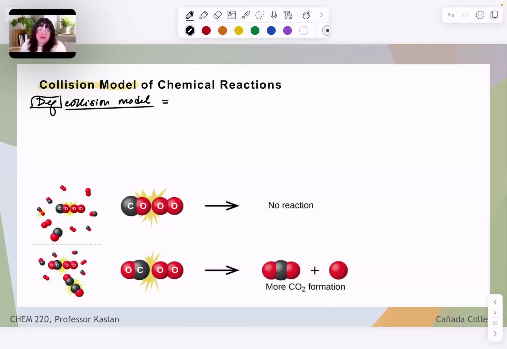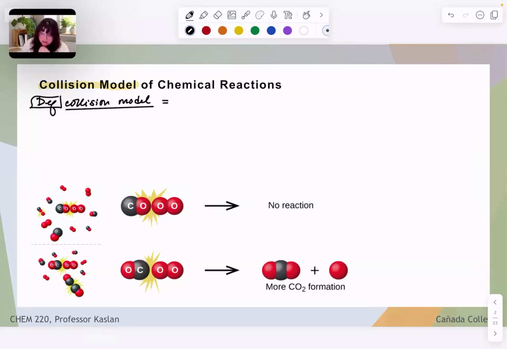You will find that the collision model of reactions is actually very similar to our kinetic molecular theory of gases, right? It's an understanding that when we think about molecules, those molecules are in a constant state of motion unless they're bound up in some kind of ionic solid, right?